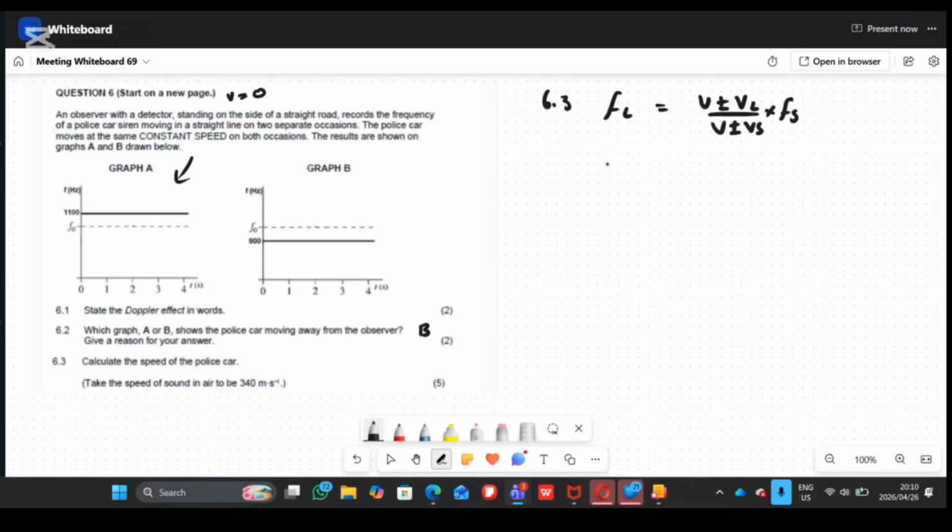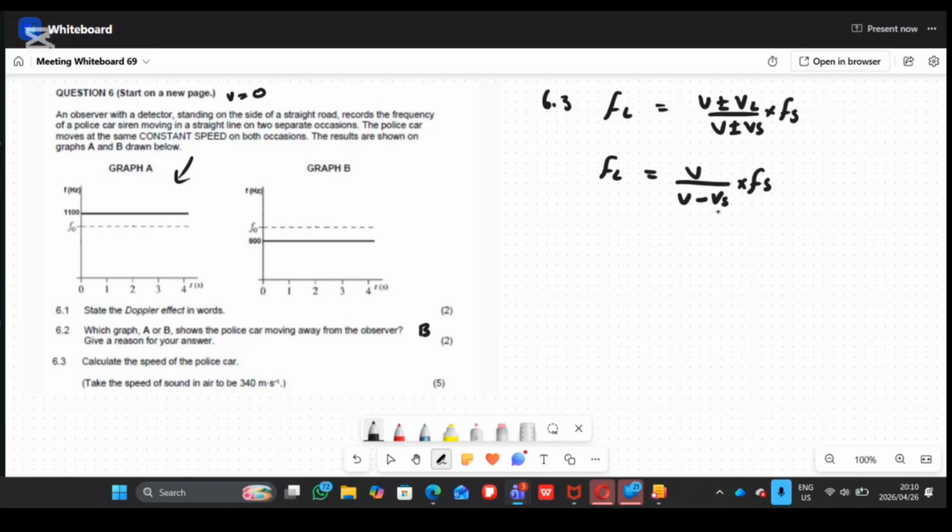Then you're going to derive the formula and write it as V over V minus VS, multiplied by FS. When it is moving towards a stationary observer, we say minus. Now you just play with substitutions.